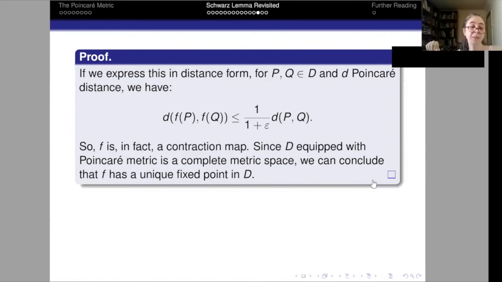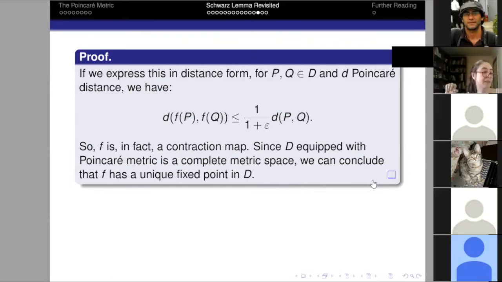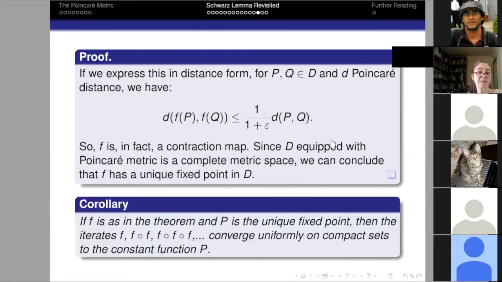And in complete metric spaces, contraction maps have a unique fixed point in the space. So this basically says that D equipped with the Poincare metric is a complete metric space, so f has a unique fixed point inside D. So there is a corollary, of course.